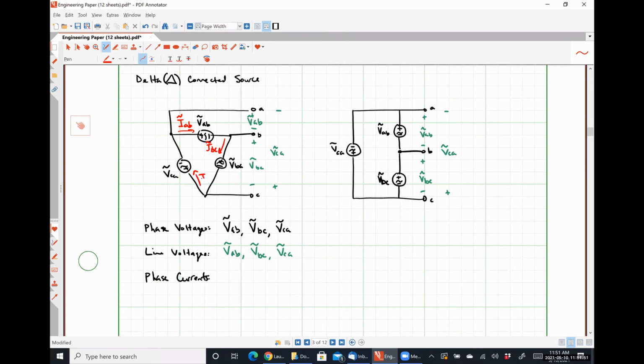This one right here would be ICA. Like so. Any questions on the delta connected source?